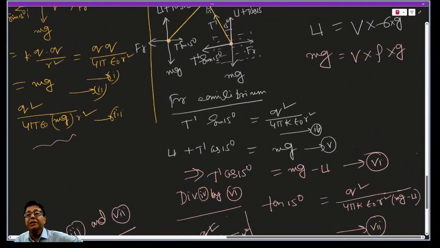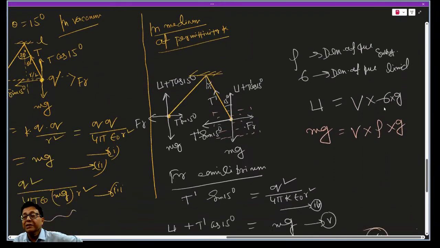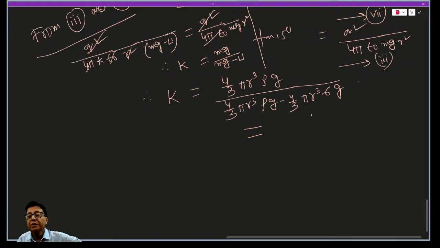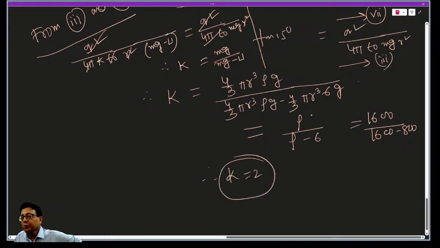I have written clearly here: rho is the density of the substance and sigma the density of the liquid. So this is rho by 1600 by 800, therefore k equal to 2.